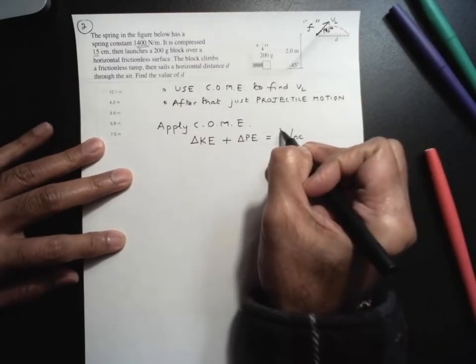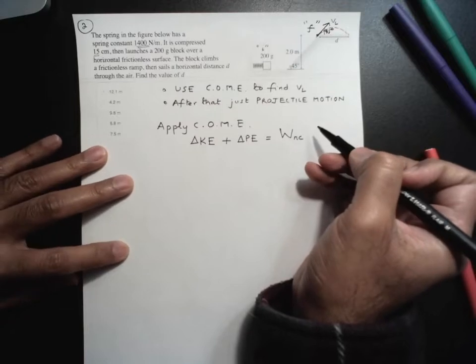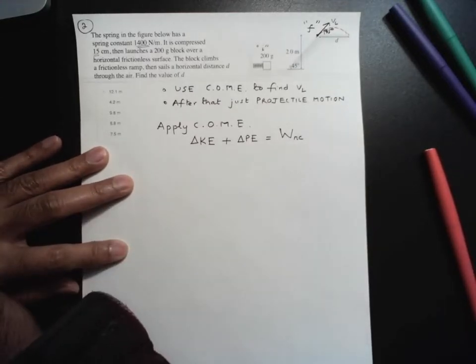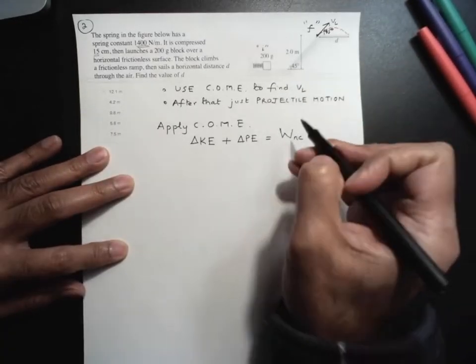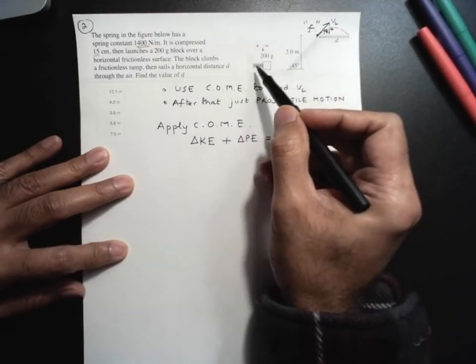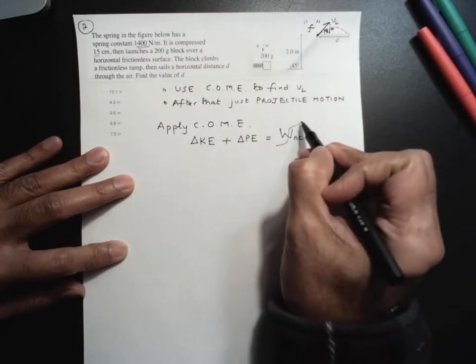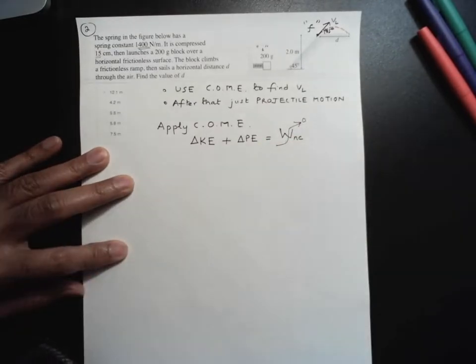The most common non-conservative forces are friction, tension could be a non-conservative force, or you might have someone pushing or pulling, and those are non-conservative forces. In this case, there's only the spring force, and there's gravity as it climbs up. So there are no non-conservative forces, so that's 0.